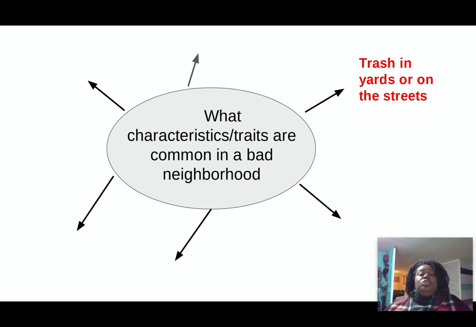There's trash in people's yards, or there's trash on the streets, and you don't find that in neighborhoods that are quote unquote good. So that's one. It's physical, but I don't want you to focus on just the things that are physical. Sometimes you might go into a neighborhood and you think it's a bad neighborhood because when you go, the people are really mean. They're pretty rude or they're mean, and that's not a physical trait.